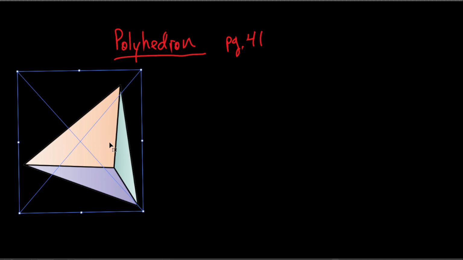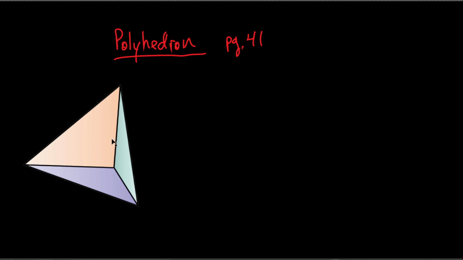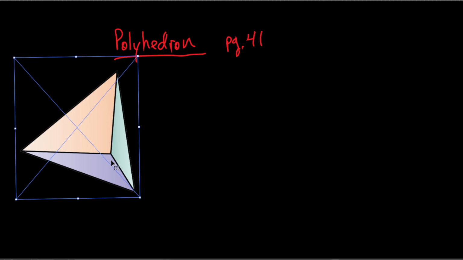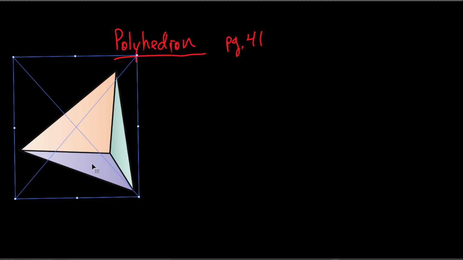So the definition says it's a closed surface made up of polygons, or polygonal regions. Each polygon region forming the surface is the face of the polyhedron, all right? So this would be considered a polyhedron. And it's got a base. They all come up to a certain point. So all the surfaces are triangles, okay? So it's not like you start with a rectangle, it goes to a point, and then some of the sides are triangles. All the surfaces are triangles.